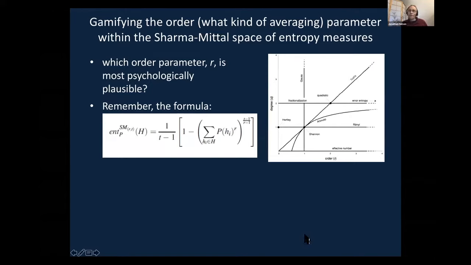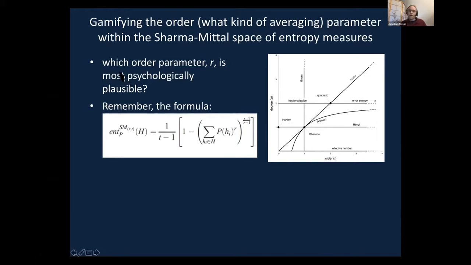And if I asked you to describe people's intuitions about how hard a fruit bowl would be for this game, if I said, here's the general purpose formula for entropy, and by the way, if it's undefined in your case, don't worry, there's a well-defined limit. Just figure out what the limit is, and then that'll be your formula.